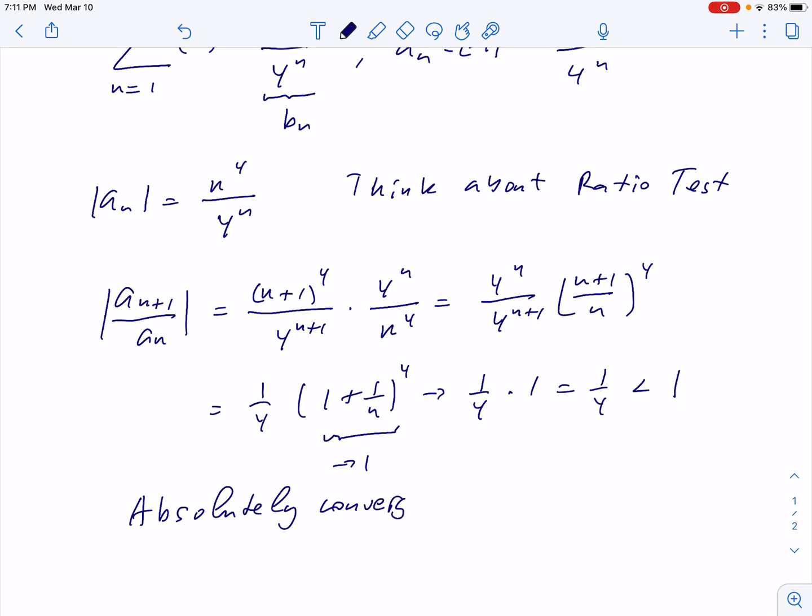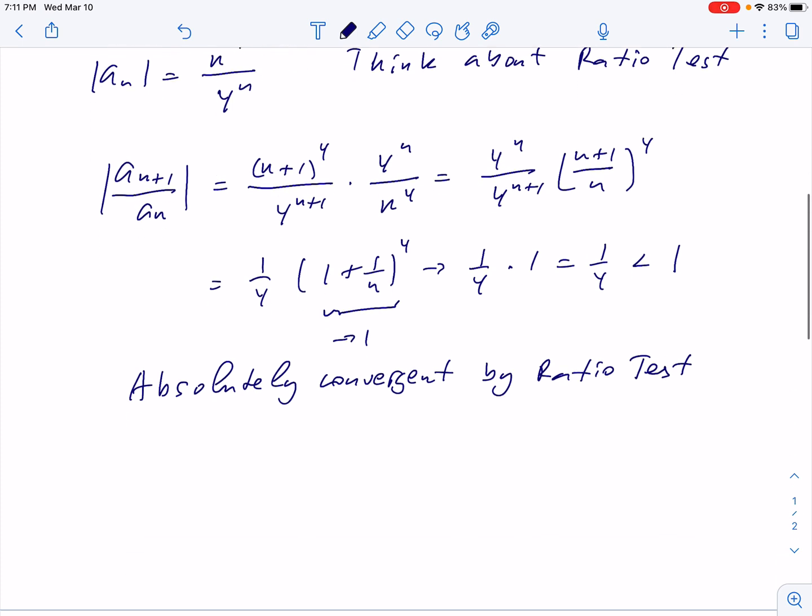Absolutely convergent by ratio test. I want to repeat again that every time when we test a series, it's not sufficient just to say convergent or divergent. We have to explain because of what test. What test gives the result.